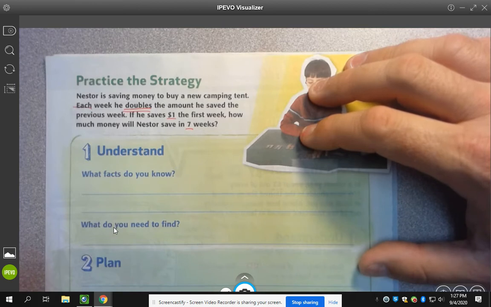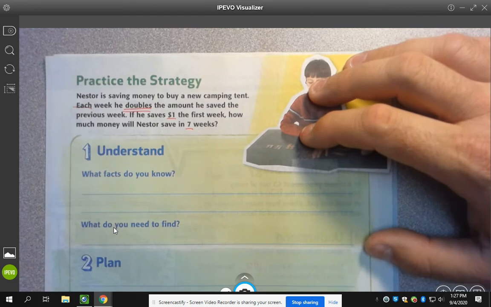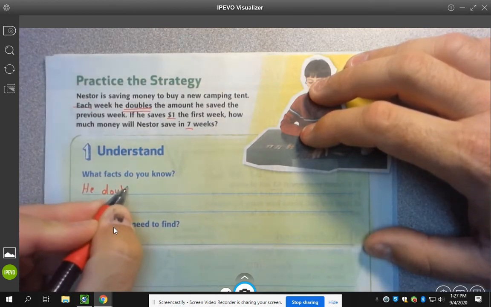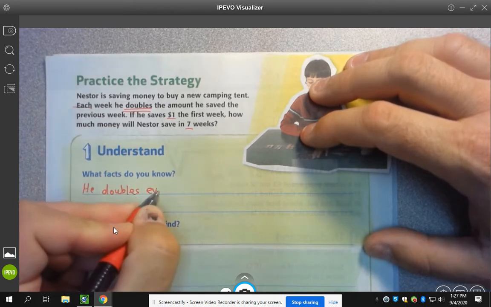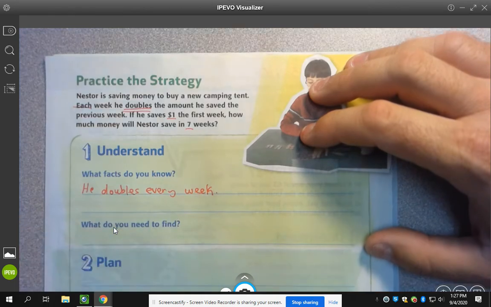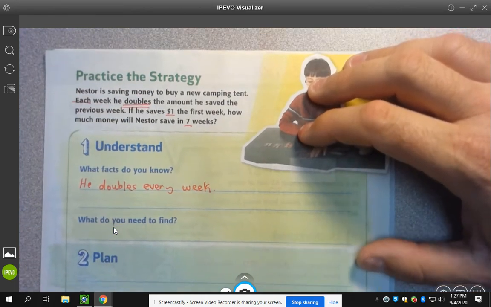All right, so what facts do we know? Ethan. He doubles every week. Don't be afraid to write stuff down. He doubles the amount of money each week, and he started with what? He starts with what the first week, Ray? $1.